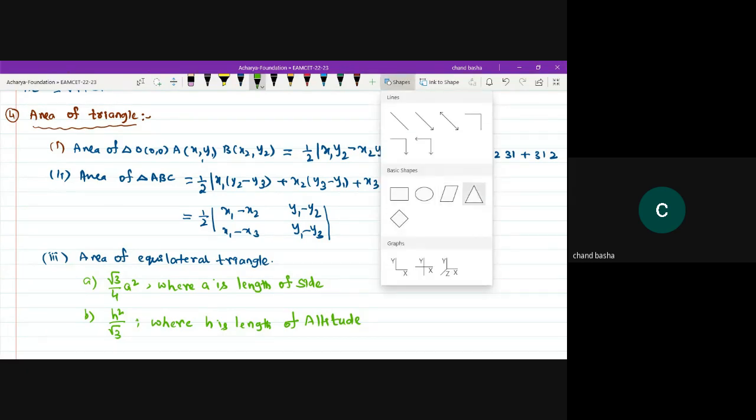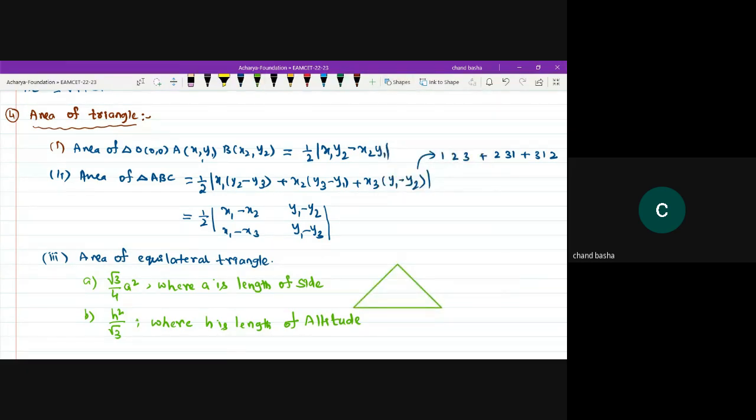If I consider the triangle to be equilateral with vertices ABC, whose sides have length a, another possibility is when the height h is given. So these are the two important formulas to be noted.